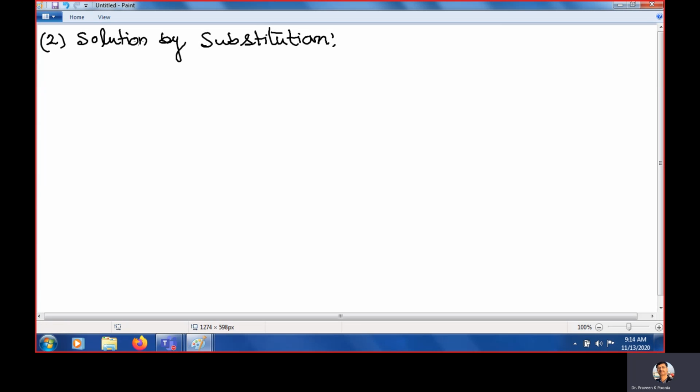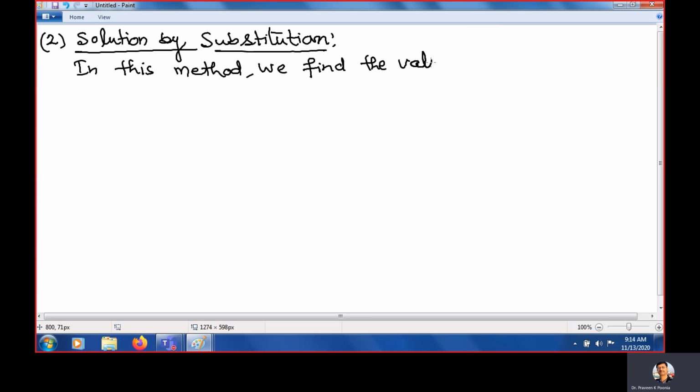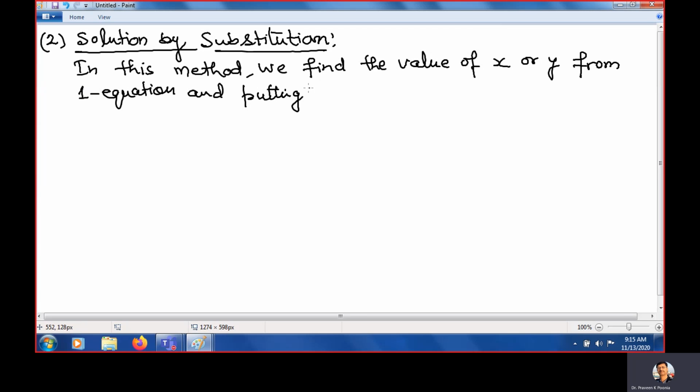What we do in this method: we find the value of x or y, whichever is easy, from one equation, and put, means substitute, this value in another equation.